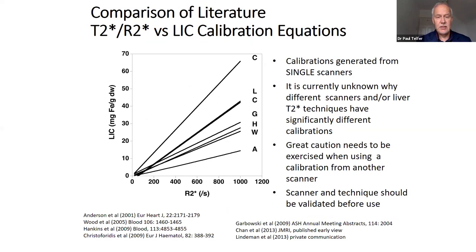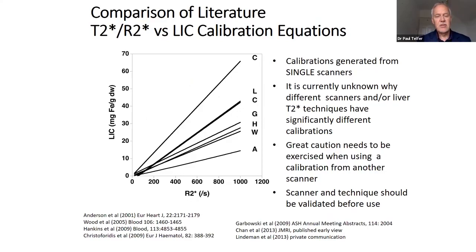Next slide, please. Now, another method is using T2 star or R2 star to measure liver iron. And this has been used in a number of studies and is also used in a number of clinics.